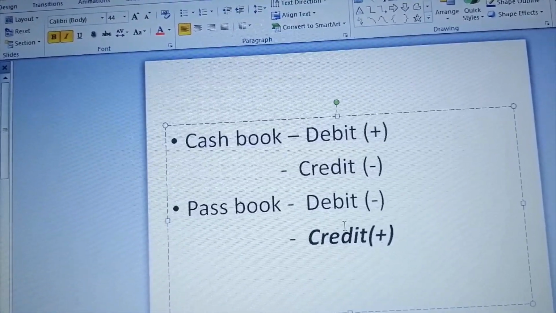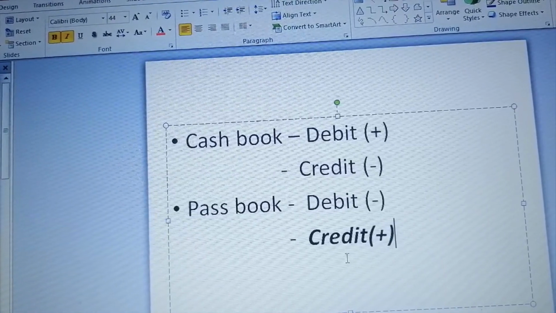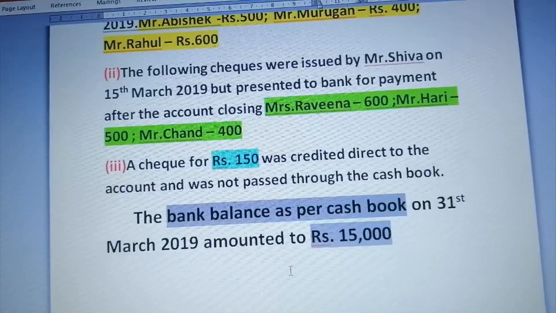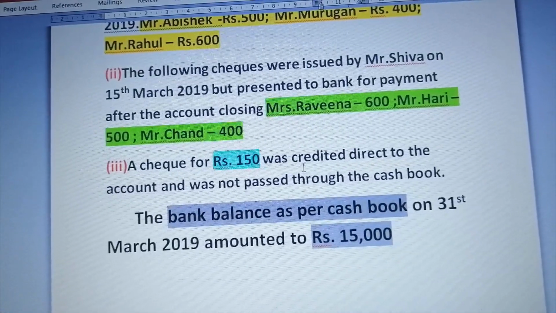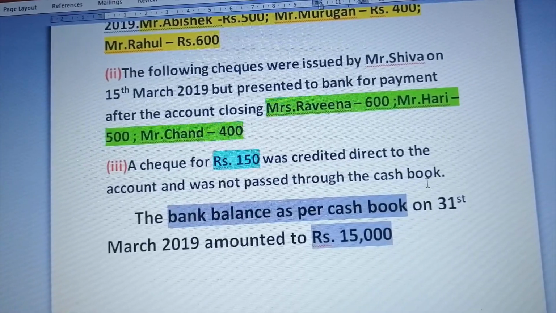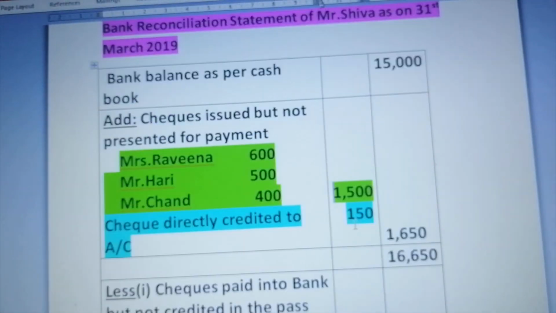When the amount is credited in passbook, it's a sign of increased balance, right? So this transaction leads to increase the balance of passbook because this transaction is not yet entered in the cash book. So this transaction also being added along with the cash book balance.